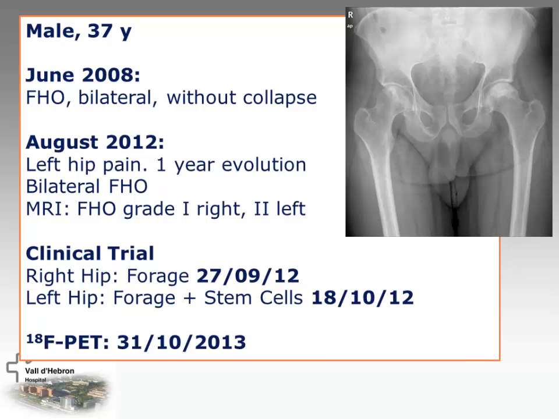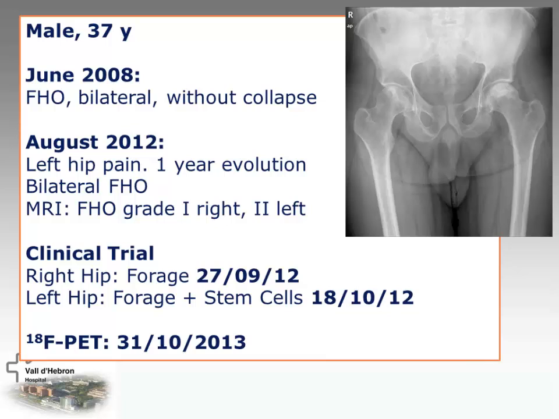He entered in a clinical trial, the same that I mentioned before, and he had a forage on the right hip, and 1 month later, forage plus stem cells on the left hip.